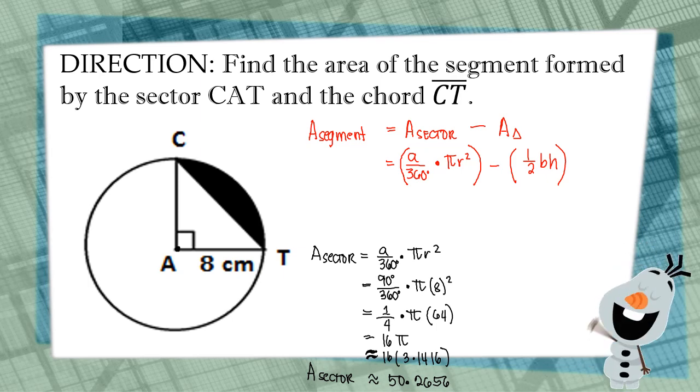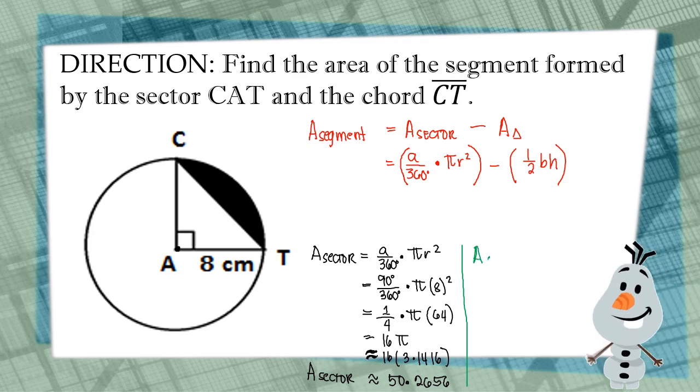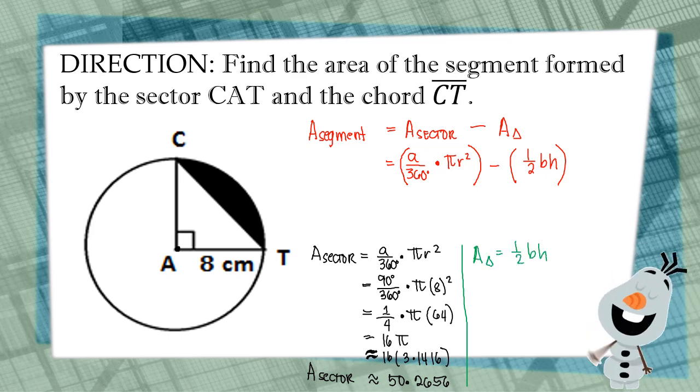So let's proceed first with the area of the triangle. I'm going to write it here. The area of our triangle is equal to 1/2 base times height. Now here, how are we going to identify our base and height? Since it is a right triangle, it would be easier for us to find the base and the height.